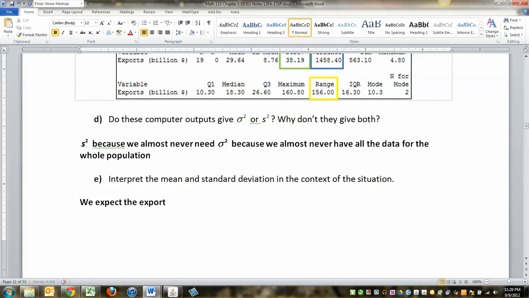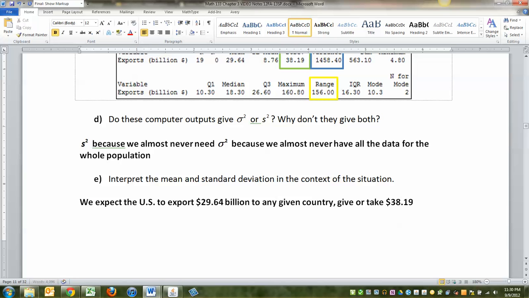So we expect the US to export $29.64 billion to any given country, give or take 38.19 billion.